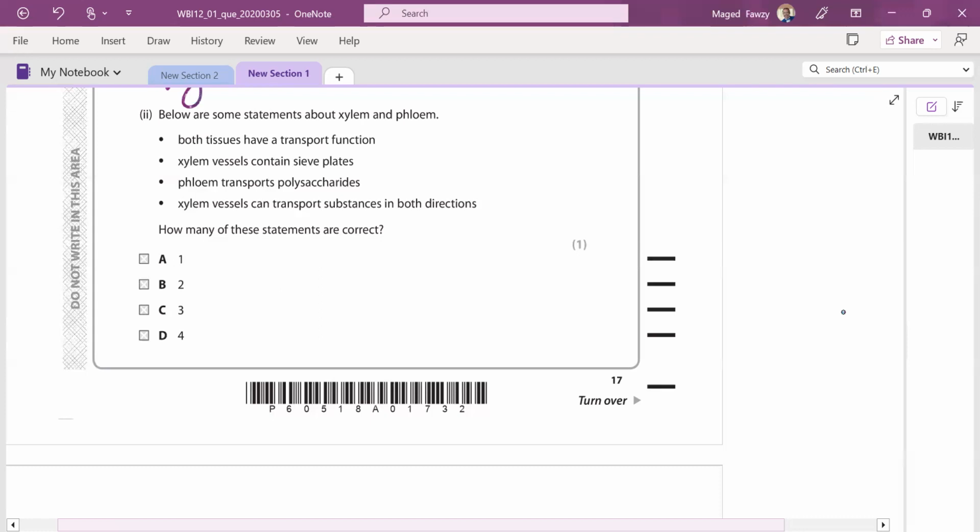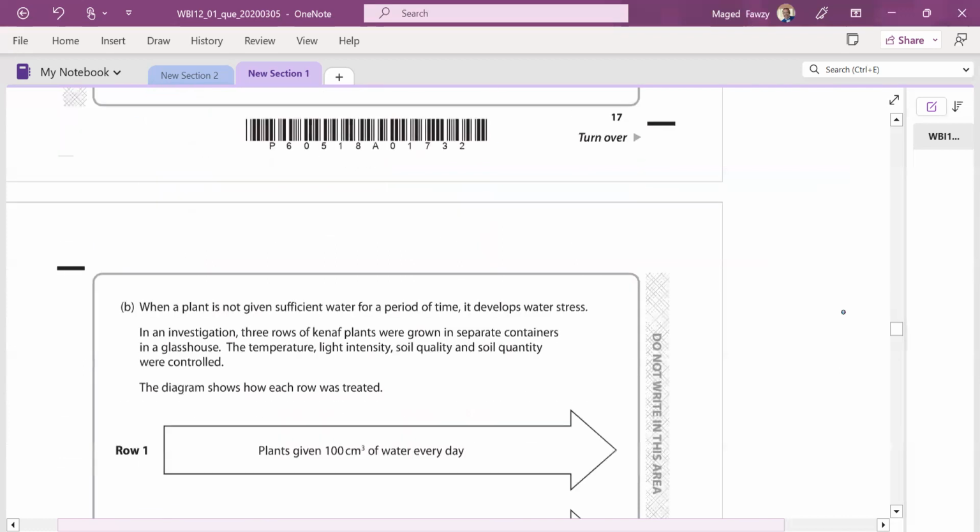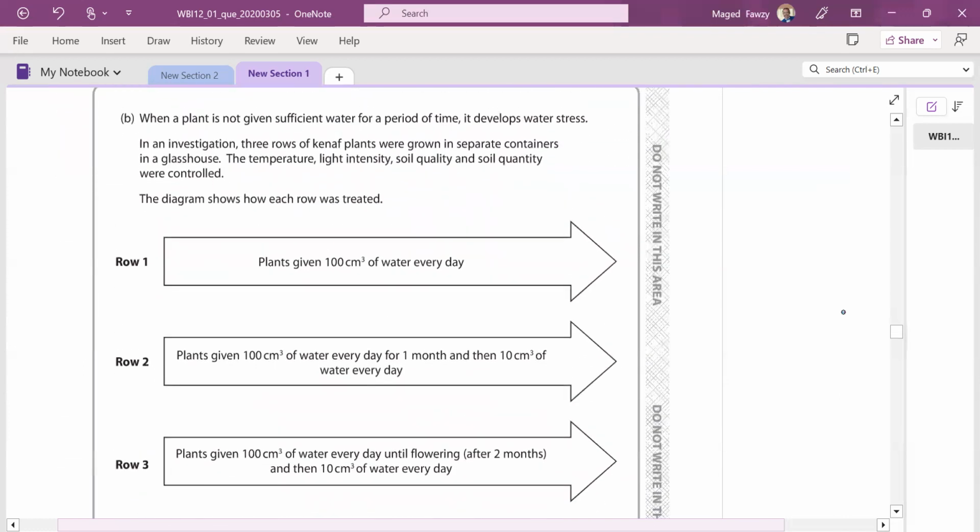Only one statement is right, which is the first one. Xylem vessel has no sieve plate, this is for phloem. The phloem transports polysaccharides, but poly is insoluble, so it's wrong. Xylem vessels can transport substances in both directions? No, xylem has only one direction. B.